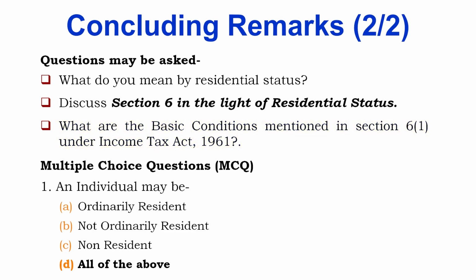A multiple choice question may also be asked over here. For example, an individual may be option A, ordinarily resident, option B, not ordinarily resident, option C, non-resident, and option D, all of the above. The right option: all of the above.